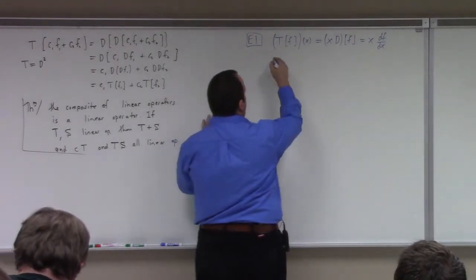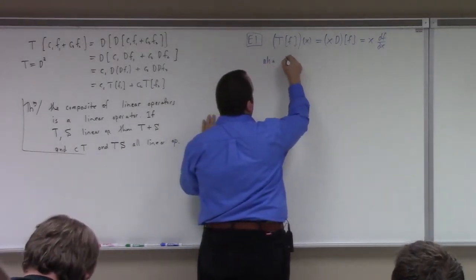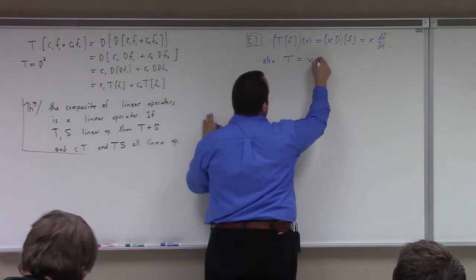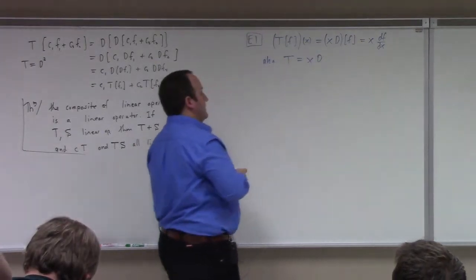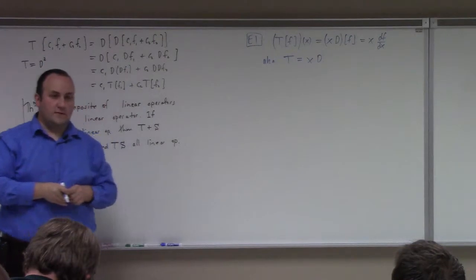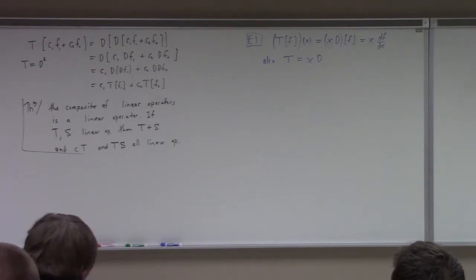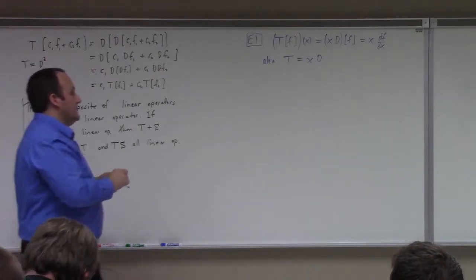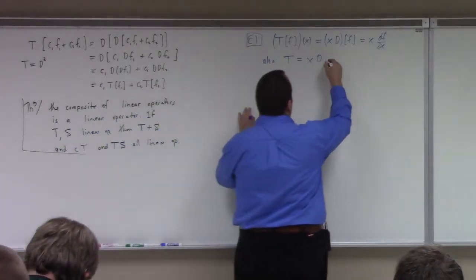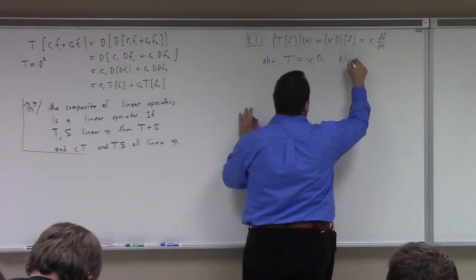Or I could just say that T is equal to x times D. What I mean is that this operator, how does it work? We differentiate and we multiply by x. That's how this operator works, right? So consider that.